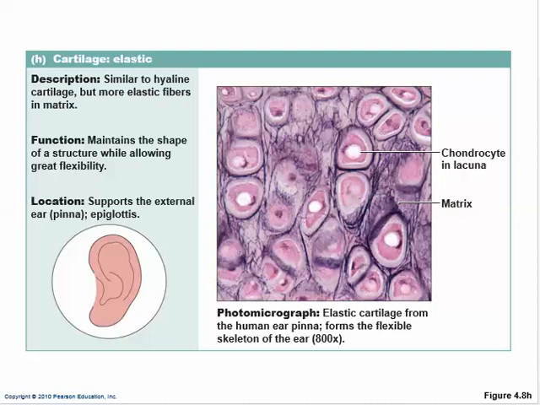So there's the chondrocyte that you see in the lacuna, and in the matrix you're seeing the hyaluronic acid, and you're seeing these elastic fibers. So this is cartilage that will bounce back, like the outer part of the ear, the epiglottis, things that get flexed a lot, and you don't want them to break.